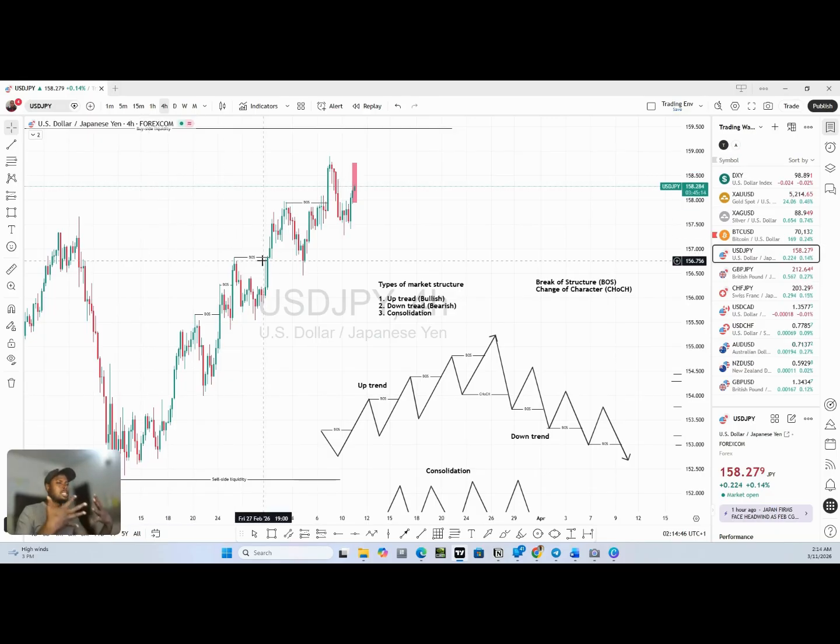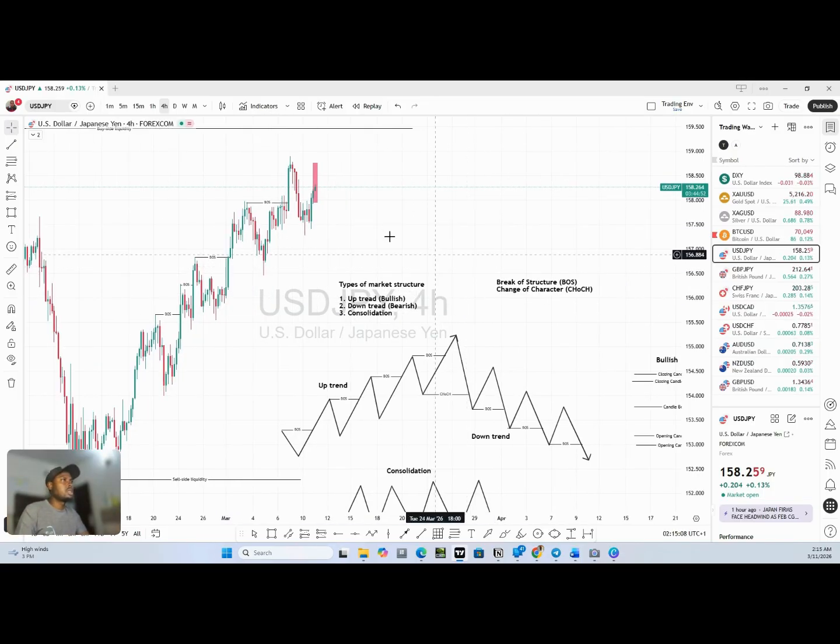The higher the time frame, the more you are zooming out, and the lower the time frame, the more you are zooming in on the distance. So that's how the time frame works. I think there is not much explanation on that.